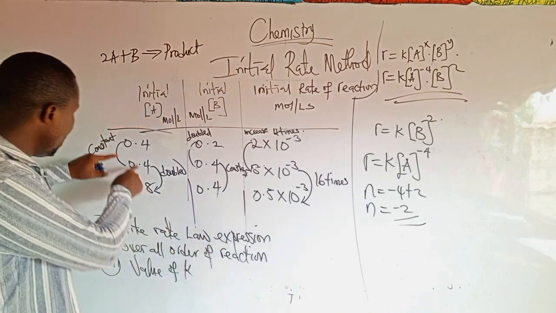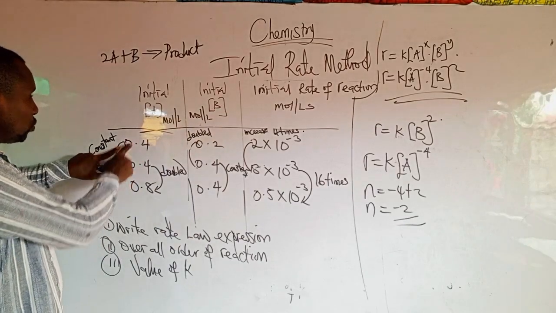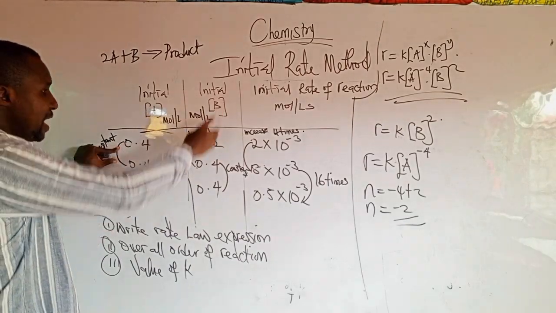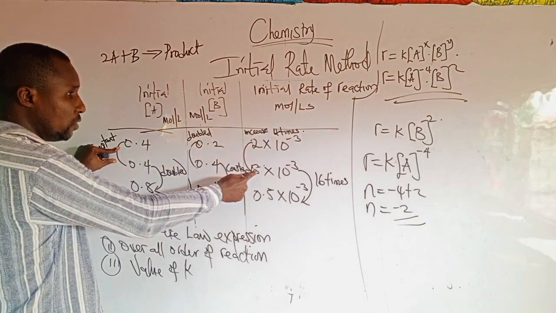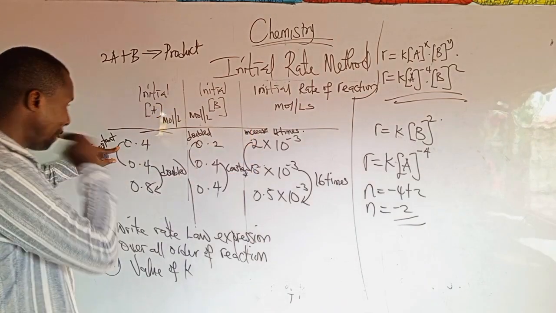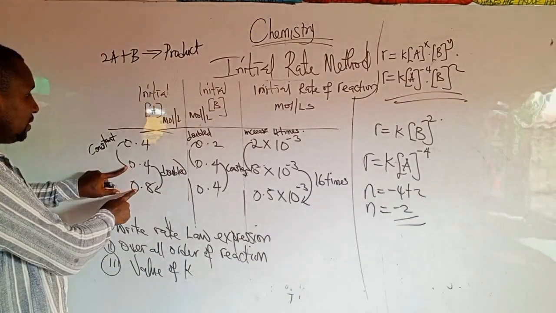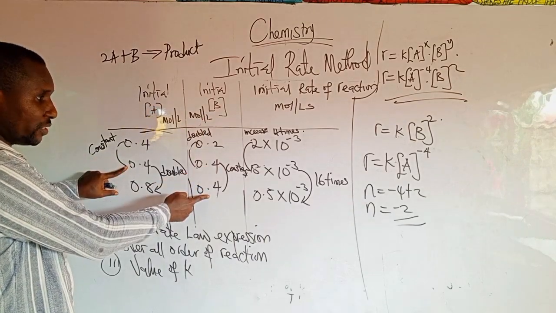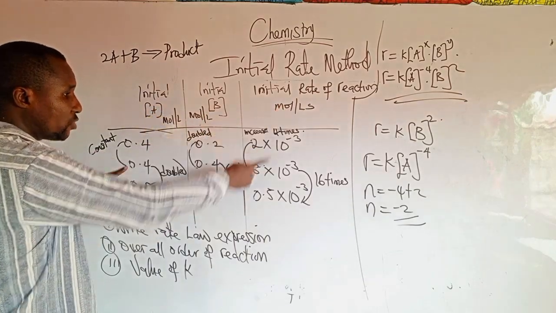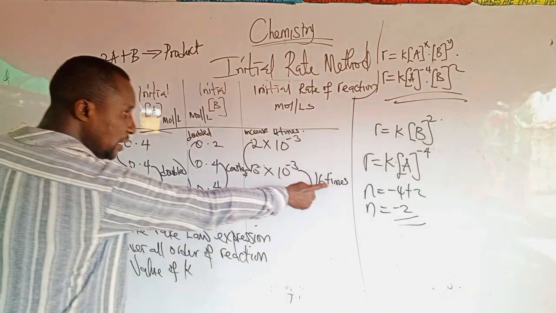Please take note. Under A, experiment 1 and 2 is constant. Then under B, the first and second is doubled, and the rate of reaction increases by 4. That is second order. Then under A, experiment 2 and 3 is doubled, under B, experiment 2 and 3 is constant, and the initial rate of reaction decreases 16 times.